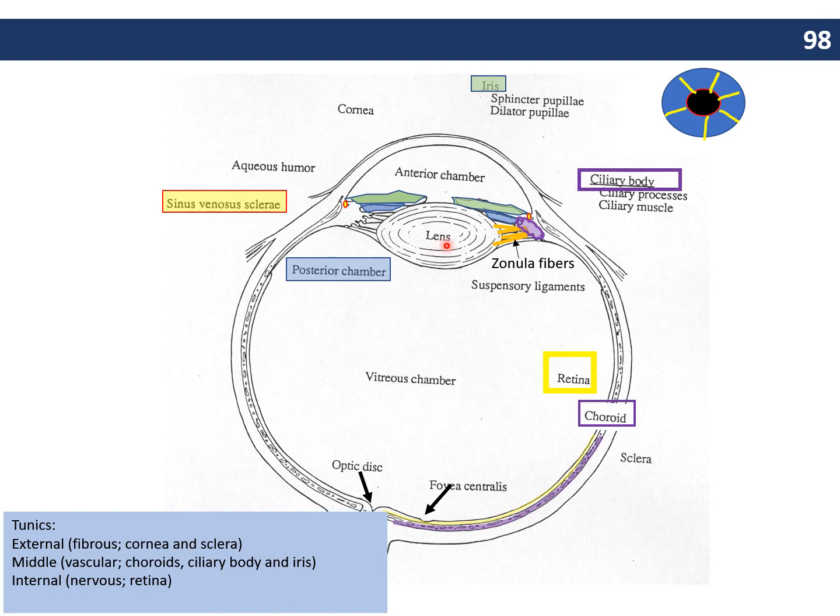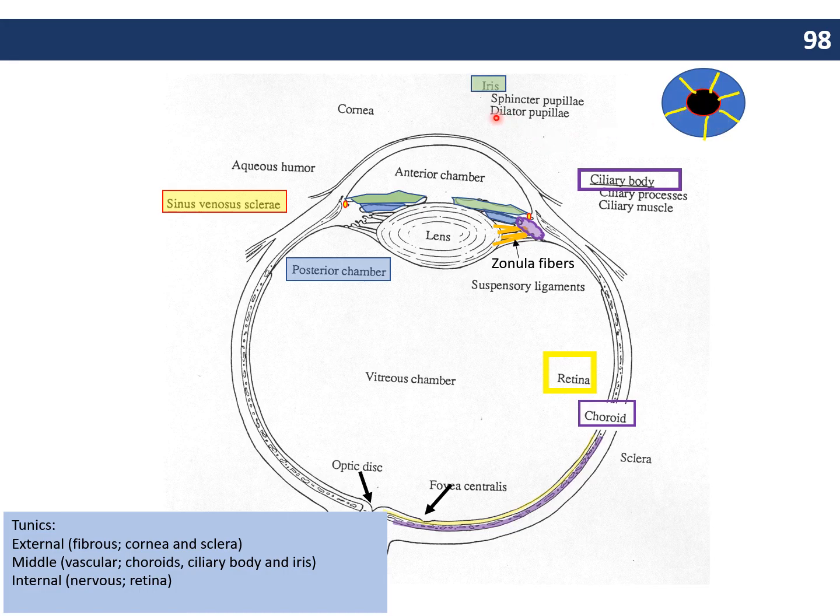So reading is an example of a parasympathetic event. Also, in line with that is the constriction of the pupil as a part of reading. And so the sphincter pupillae, shown here in red, would contract to assist in this accommodation process.